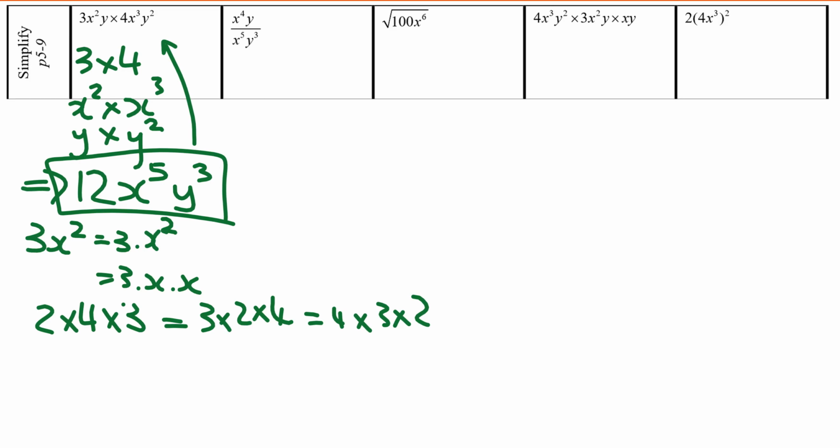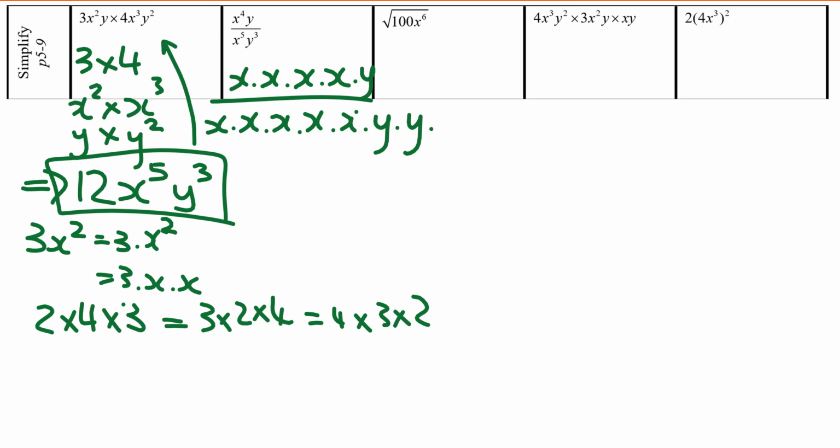Now, if that's the same, then this is also the same. So x to the power of 4 is this, isn't it? Times y. So there's my top line. What's my bottom line? x times x times x times x times x, that's 5, times y times y times y.